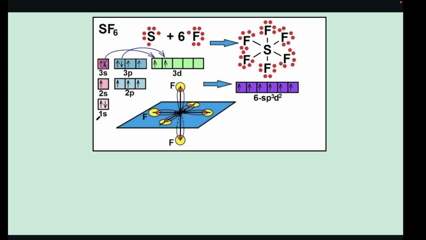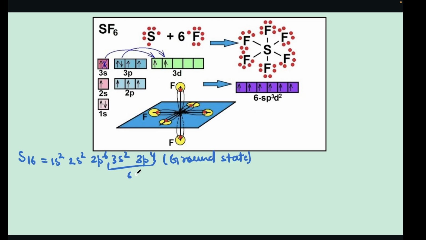In SF6, sulfur has atomic number 16. Its electronic configuration is like 1s2, 2s2, 2p6, 3s2 and 3p4. This is the ground state of sulfur. So we can see valence shell has 6 electrons.